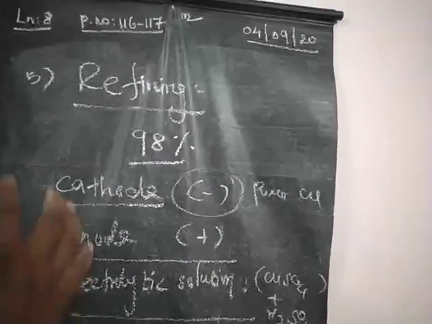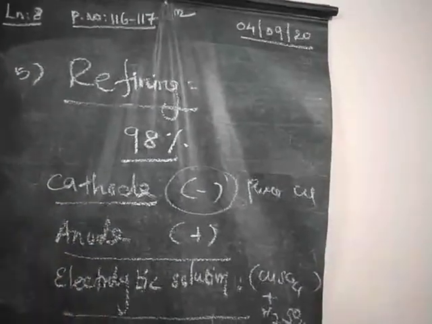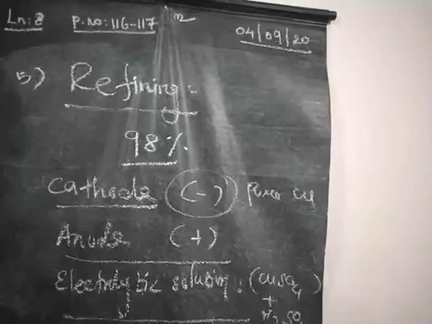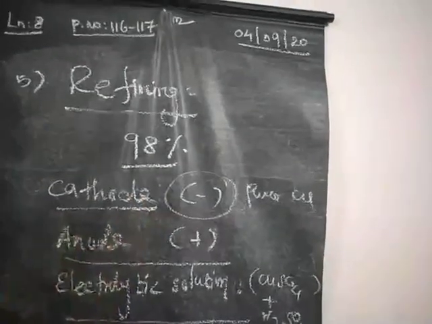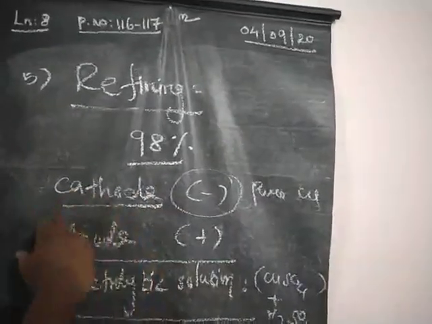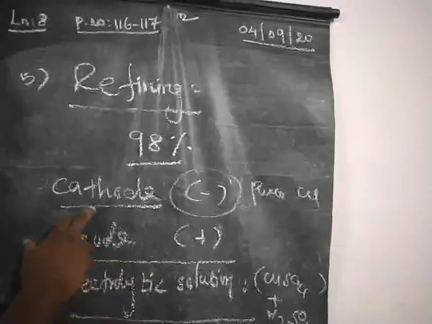Next, we set up this apparatus and pass the electric current. What will happen? The pure copper gets deposited at which side? The cathode side.